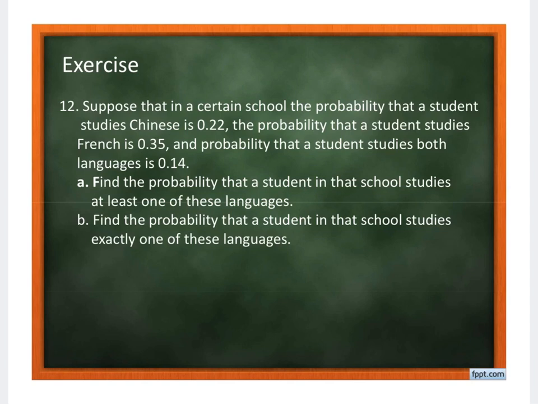For number A, you can use the formula P(A union B) equals P(A) plus P(B) minus P(A intersect B), or you can use the Venn diagram. I will use the Venn diagram.